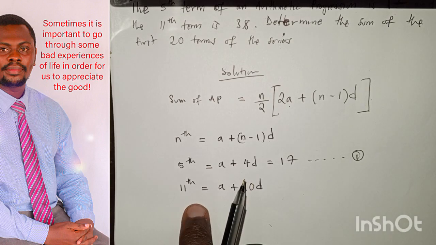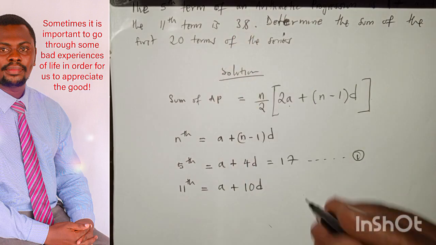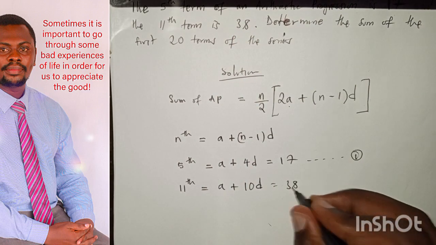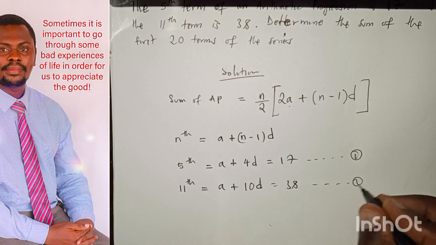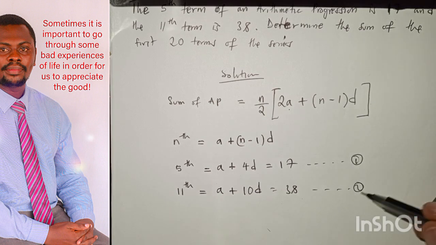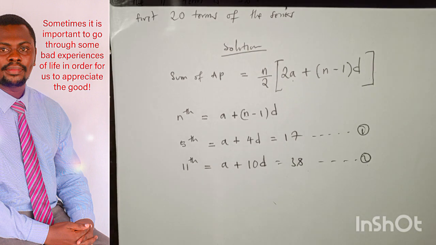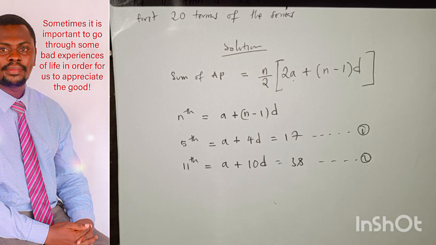Now this 11th term is given, it's what? 38. So this is equal to 38. This is equation 2. Okay, so from these two equations, equation 1 and equation 2, we can find the values of a and d simultaneously.